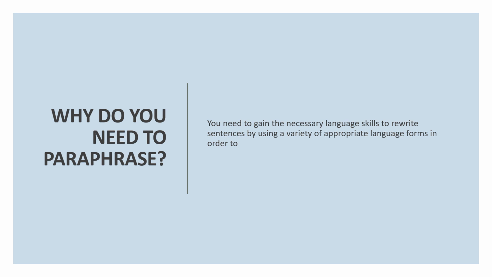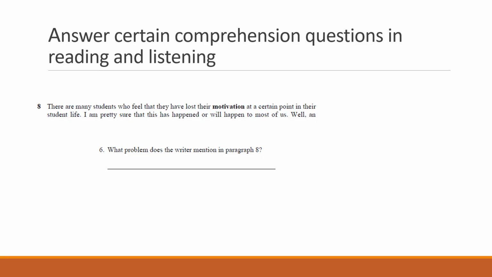You need to gain the necessary language skills to rewrite sentences by using a variety of appropriate language forms in order to answer certain comprehension questions in reading and listening. This question is taken from reading strategies. The question says, what problem does the writer mention in paragraph 8? And the first part of the paragraph is given here.